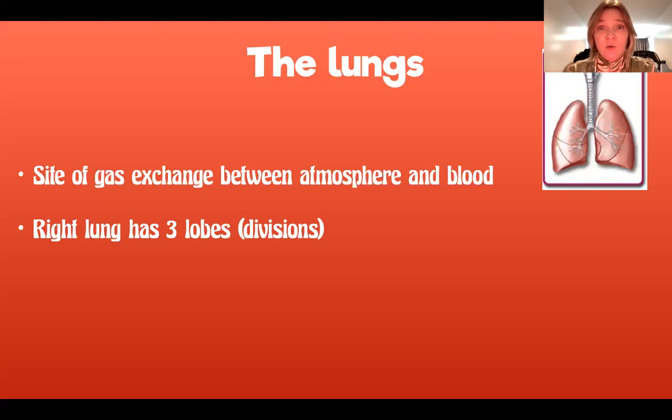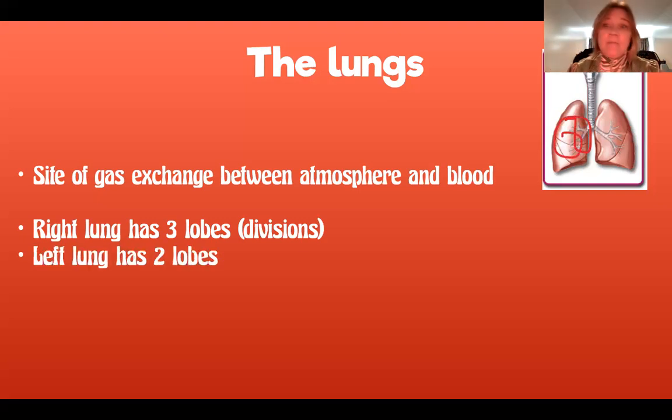Okay, so the main organ of the respiratory system is the lungs. This is the site of gas exchange between the atmosphere and the blood, or external respiration. Your 2 lungs are divided into what are called lobes. Your right lung, which you see on the left-hand side here, is divided into 3 lobes, and the left lung has 2 lobes.